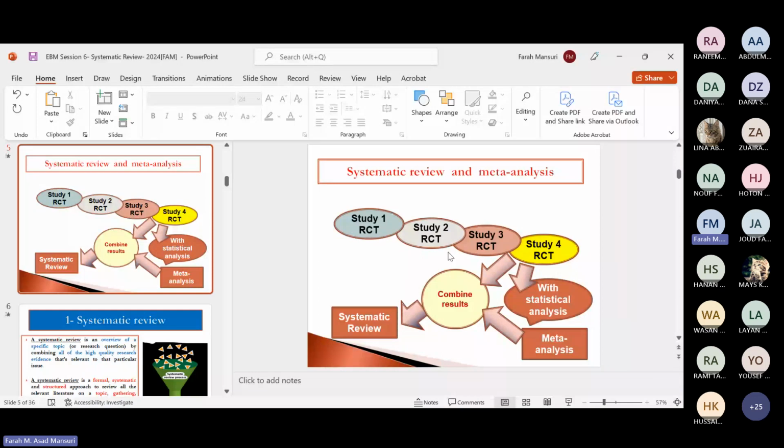Suppose you have 10 studies in the systematic review, a few are RCTs, a few are case control, a few are cohort studies, and then you may or may not apply the meta-analysis, combine those results and publish it as a systematic review. Up till now, I think you have thoroughly covered your experimental design, case control, and cohort. So this is the topmost evidence in clinical research.